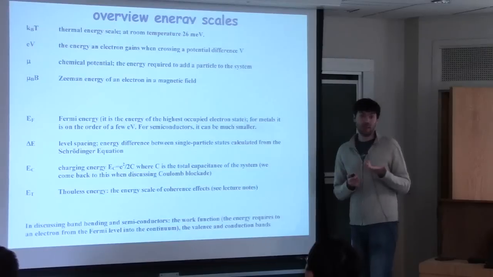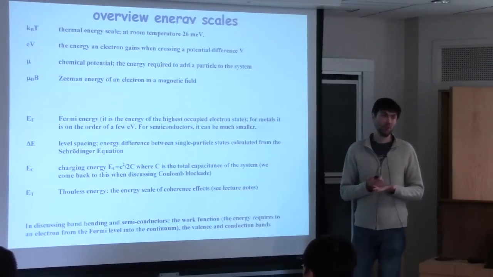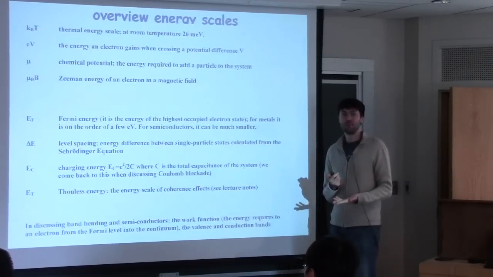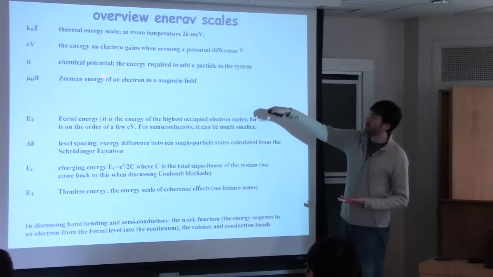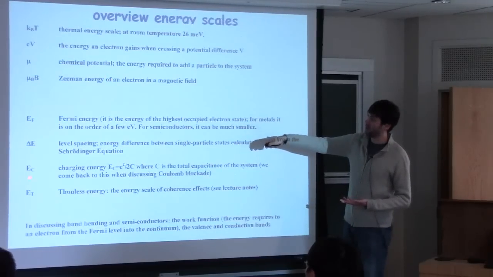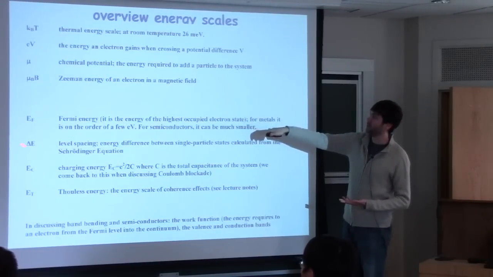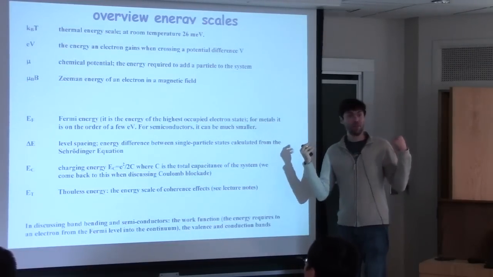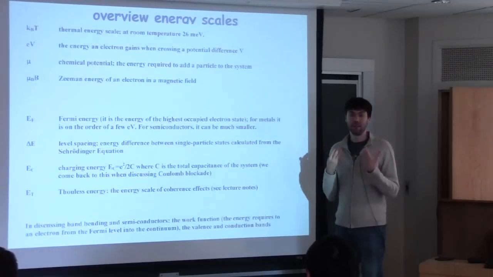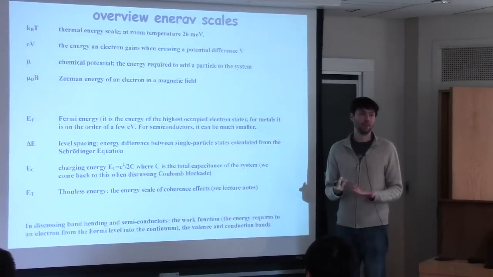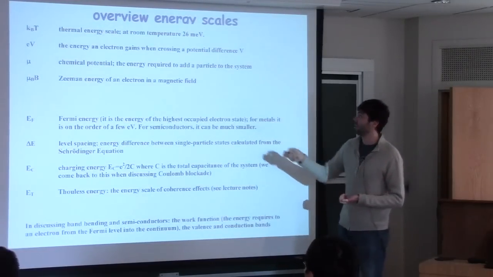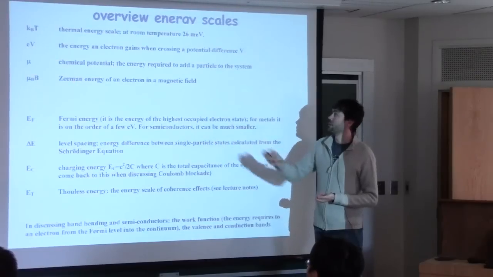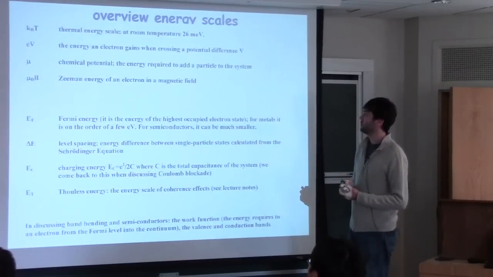So even at strictly zero temperature, you can still overcome the effects of any other energy scale, the charging energy, the quantized conductance energy, or magnetic field energy, by simply giving the electron the energy at your will with a bias. Yeah? So this is the energy that you're free to give.